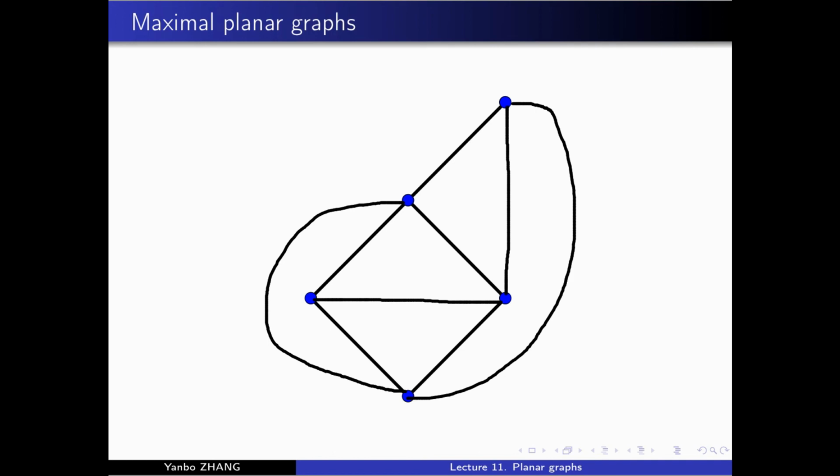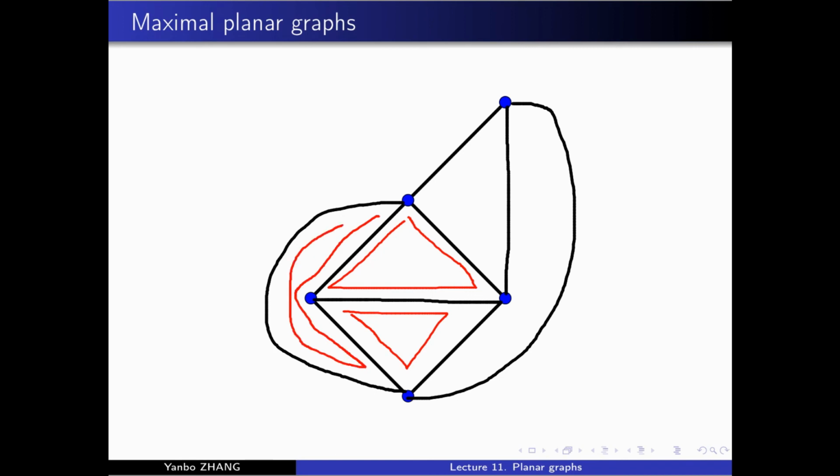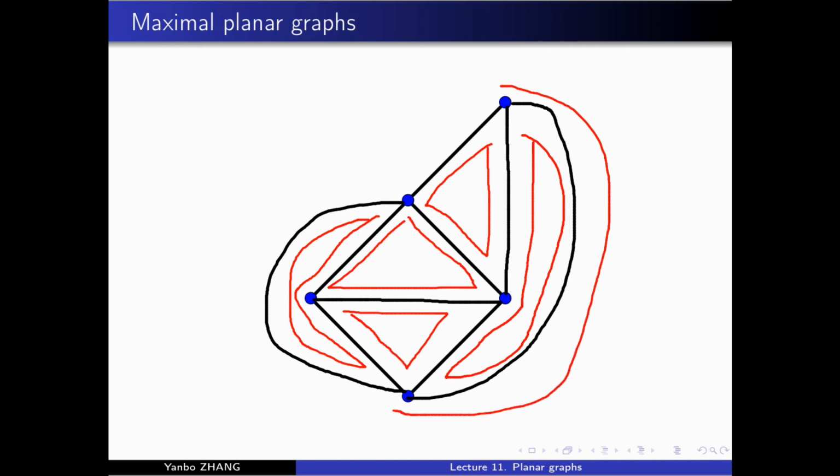Let's check the length of each face. Each of these faces has length 3, and the outer face has length 3.